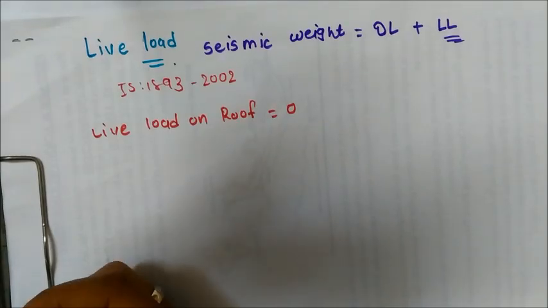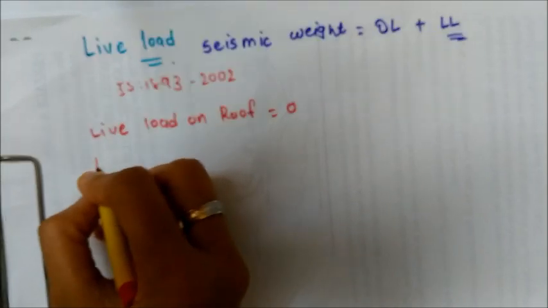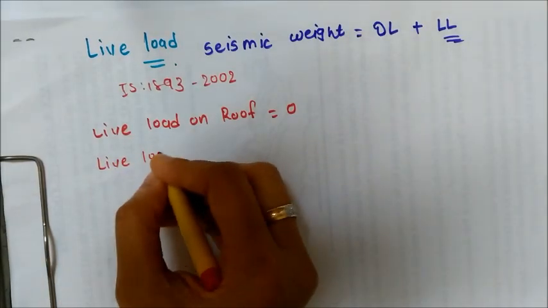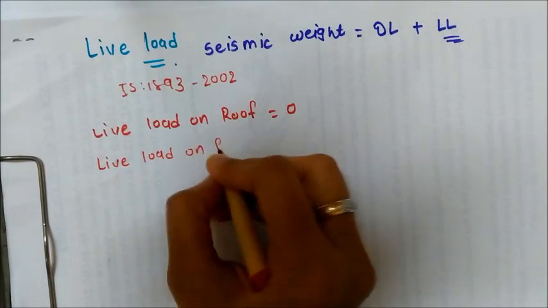Now it is given on page number 24 in Table number 8 of IS 1893 2002 for the calculation of live load on floors.